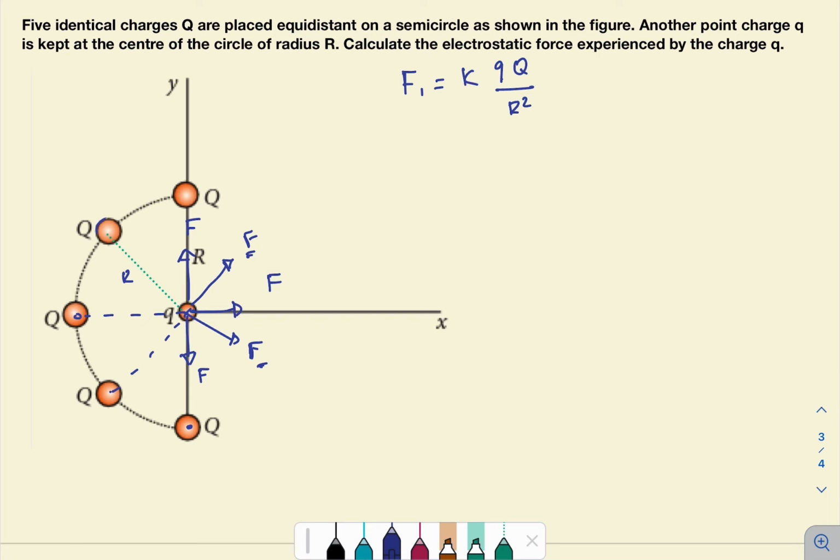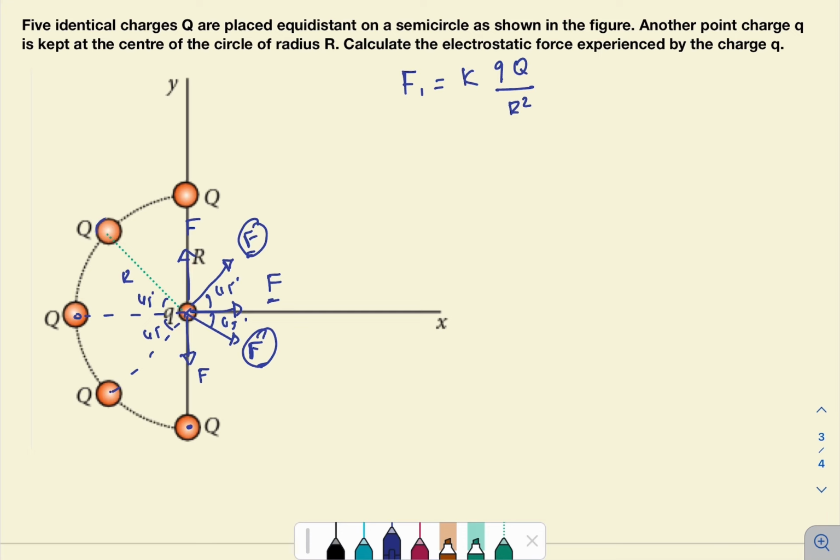Now what about these two forces? This is at equal distance, so this angle must be 45 degrees. If this is 45 degrees, this is also 45 degrees, and so on. So the angle between these two forces is overall 90 degrees. Already one force is here.